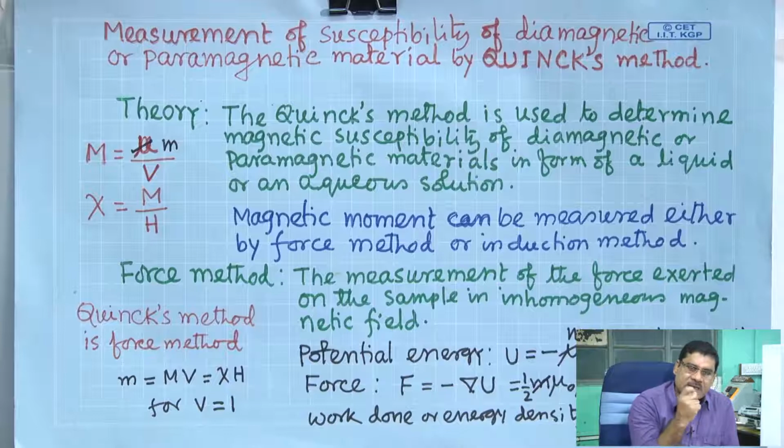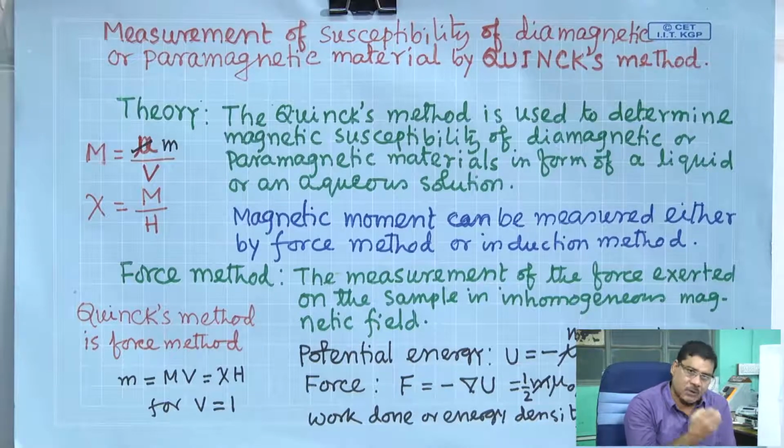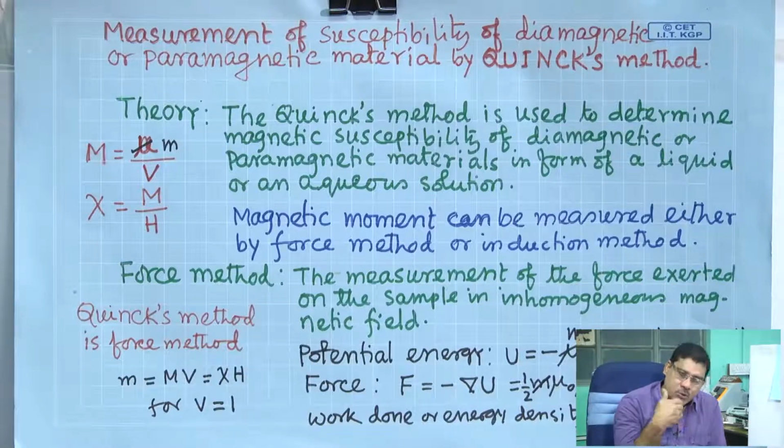That is the origin of diamagnetism. So, either it is an induced magnetic moment, or the natural spin or orbital magnetic moment. So, the atom will have a moment.